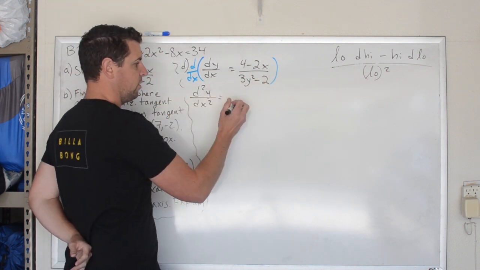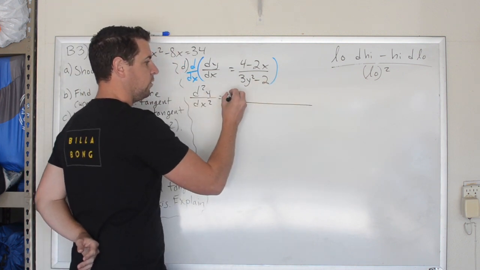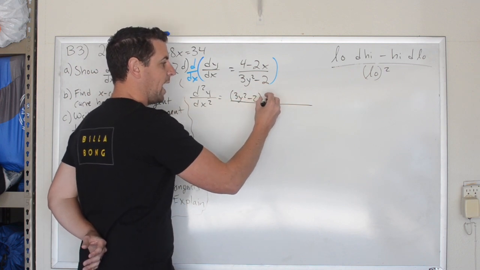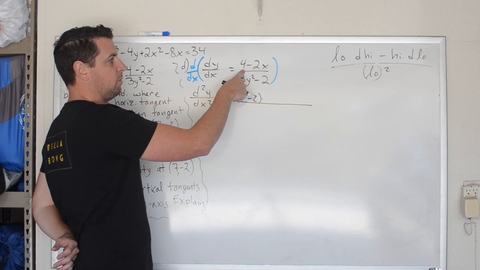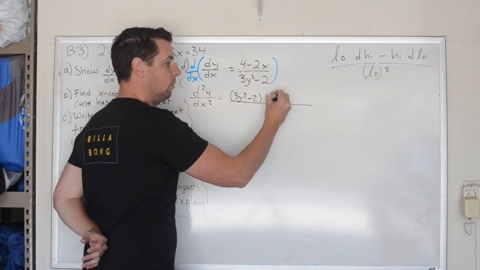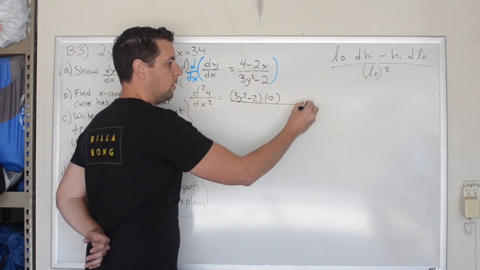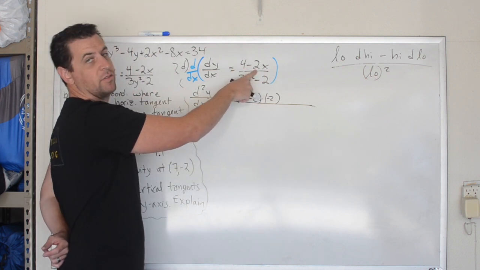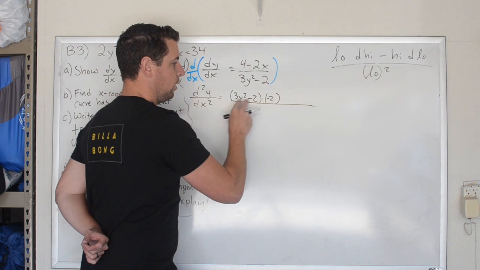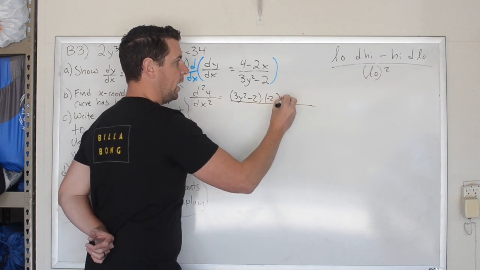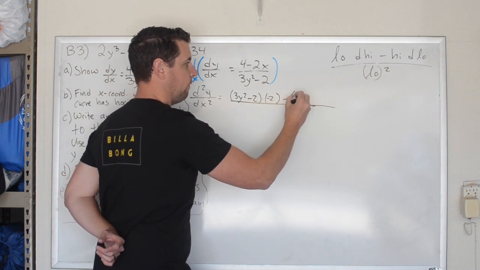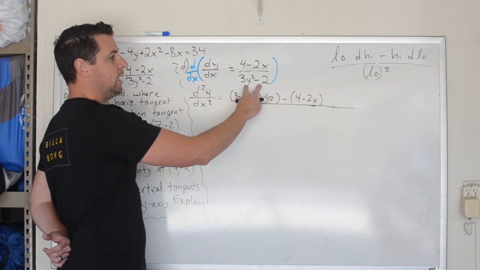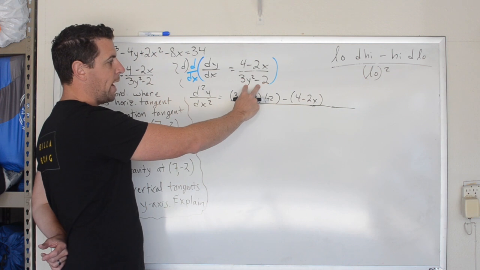So first, low is this, that's going to be just 3y squared minus 2 times d high, the derivative of this is going to be just negative 2, because 4 goes to 0 and the derivative of negative 2x is negative 2. So low d high, take away high, which is 4 minus 2x, d low would be the derivative of the bottom function.